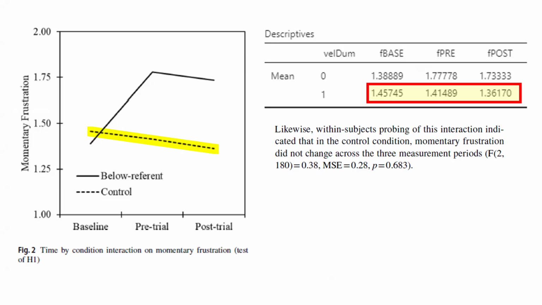So let's talk about how we got this answer. So we want to go back to Jamovi, and now we want to split our file and look at just the control condition. Okay, we want to look at just the control condition and look at this ANOVA.